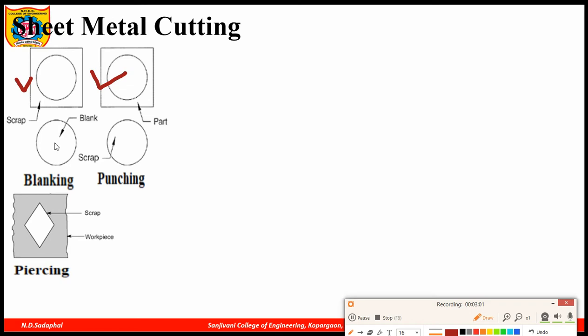Now when is it called a blanking process and when is it called a punching process? When you are removing a circular part from a sheet metal and the removed part is a waste or scrap, and the part left behind is usable, then the process is called punching.